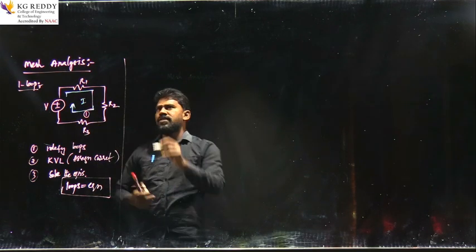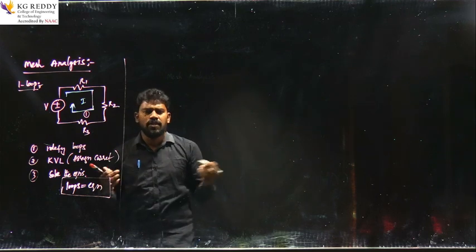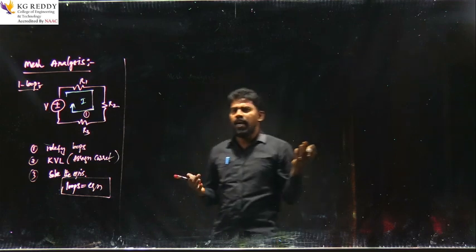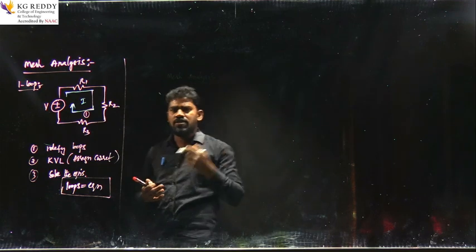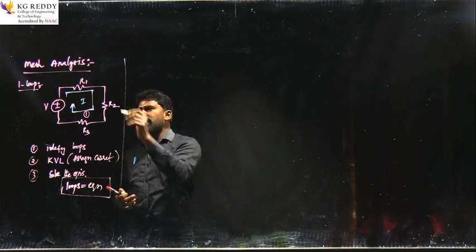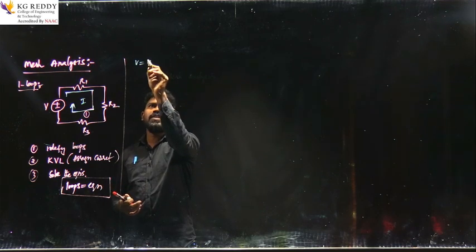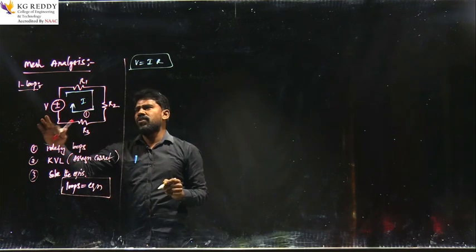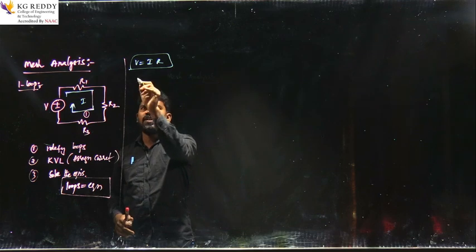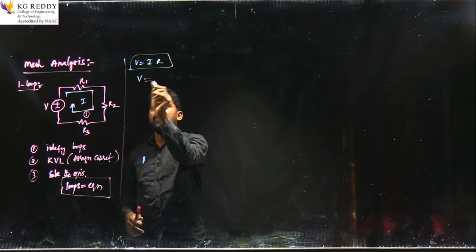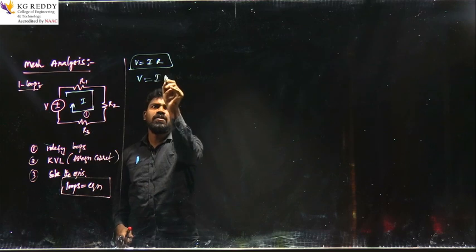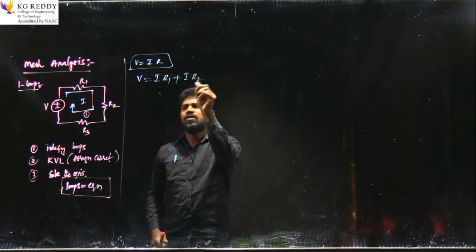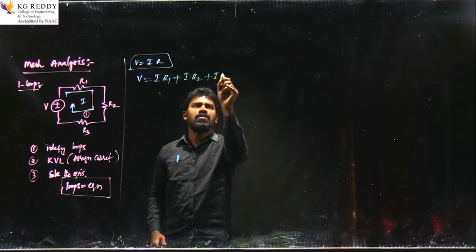Next I am going to apply Kirchhoff voltage law. What is the basic fundamental of Kirchhoff voltage law? V is equal to IR is the basic formula, and the algebraic sum of voltages around the loop is equal to 0. So V is equal to I into R1 plus I into R2 plus I into R3.